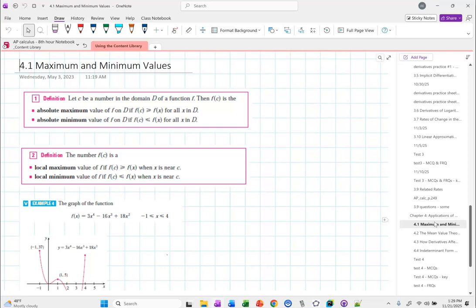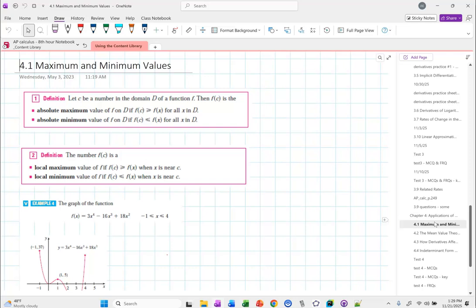There's local and global, or our textbook says absolute. You could use the term global interchangeably. So absolute maximum says that you just have some y-coordinate that's equal to or higher than every other y-coordinate in the function, right? And the minimum is just the reverse. It's less than or equal to all other y-coordinates in the function.